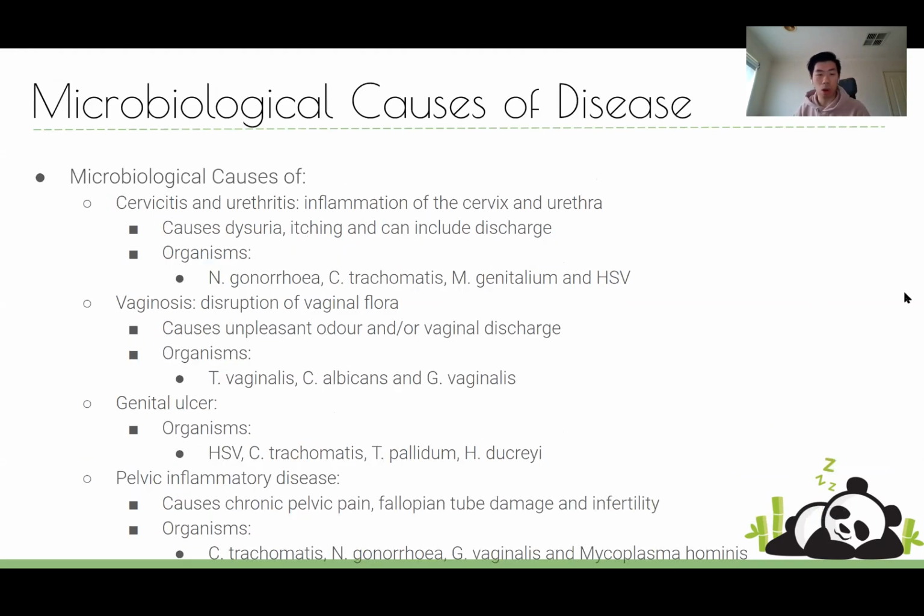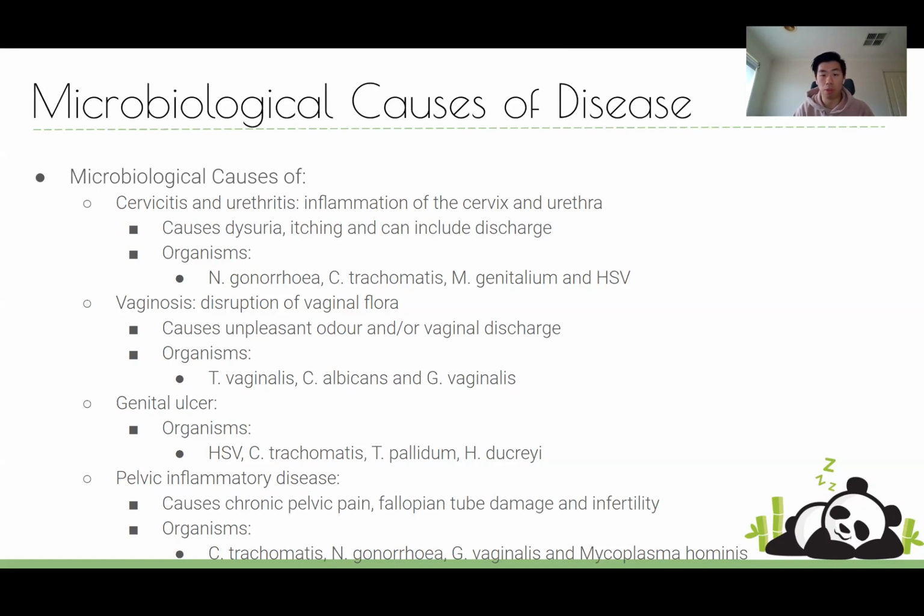This is just a general overview of some microbiological causes of diseases. I think primarily the important thing is to know what these words all sort of mean. The organisms that cause them are also good to know, but they are fundamental buzzwords, and we'll go through each of them specifically because they will have their own little clues. Cervicitis and urethritis is inflammation of the cervix or urethra, respectively.